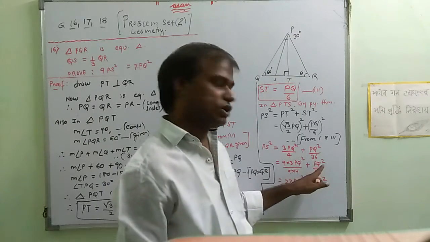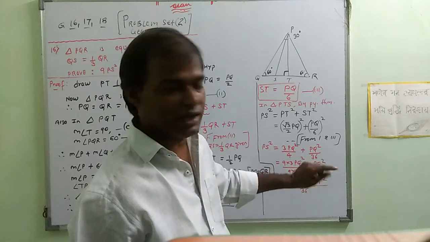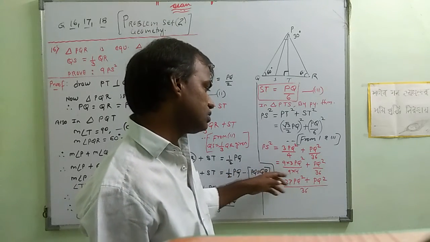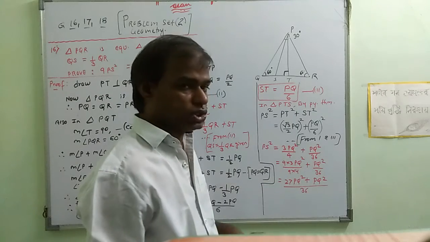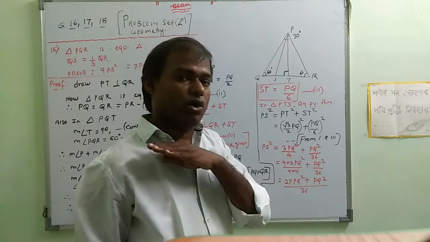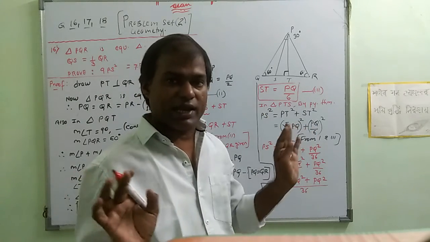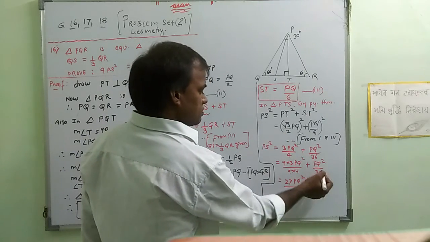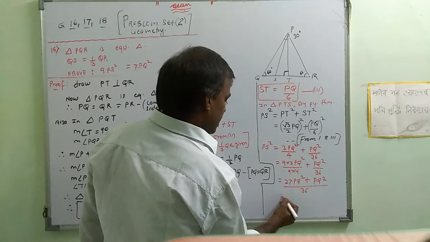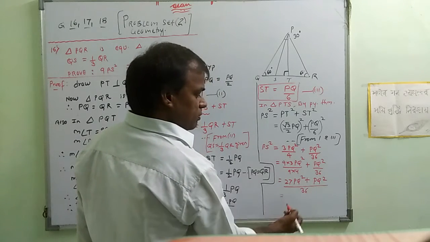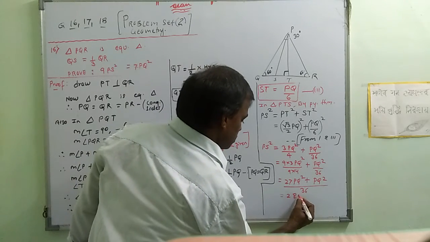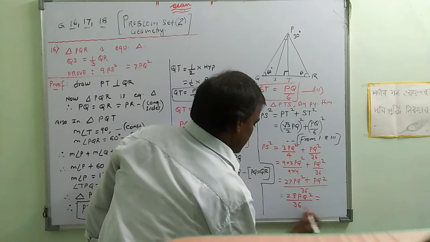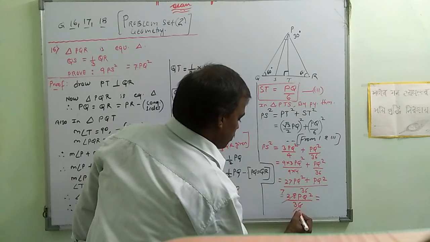This will remain the same, nothing will happen to this, because we haven't done anything in this fraction. What we did, we multiplied this by 9 so that the denominator can become equal. So when the denominator is equal, the numerators are just added or subtracted. So here we have to add. So I have added 27 PQ square plus PQ square upon 36. That gives 27 PQ square plus 1 PQ square becomes 28 PQ square upon 36. 4 7s are 28, 4 9s are 36.